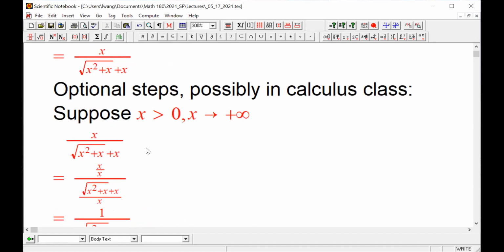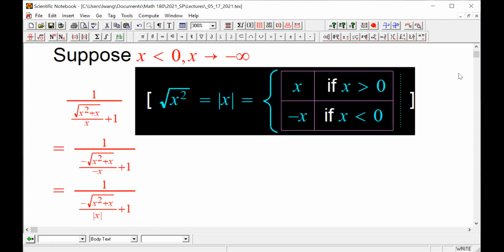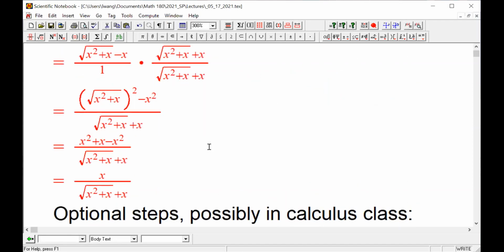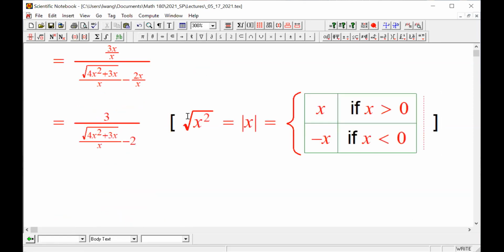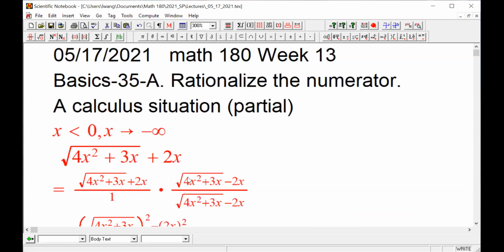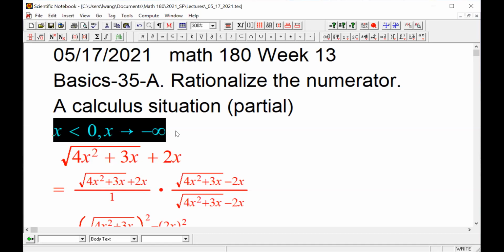That piece is where you get to use this guy. Remember, in this case, x is negative, because we have a scenario where x is approaching negative infinity.